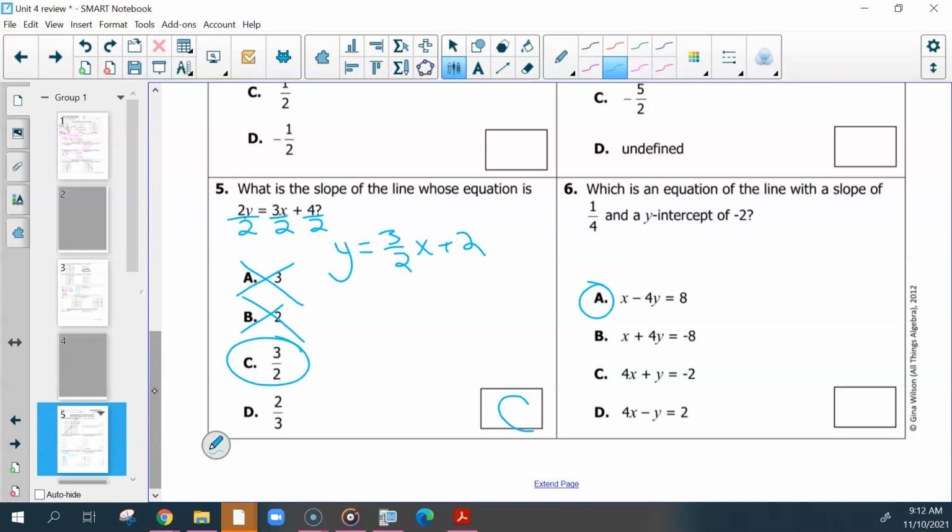So for A, you actually have two options here. For all of the problems I showed you, to move the x first, which we could still do, so I'm going to show you both ways. So we have negative 4y equals negative x plus 8.